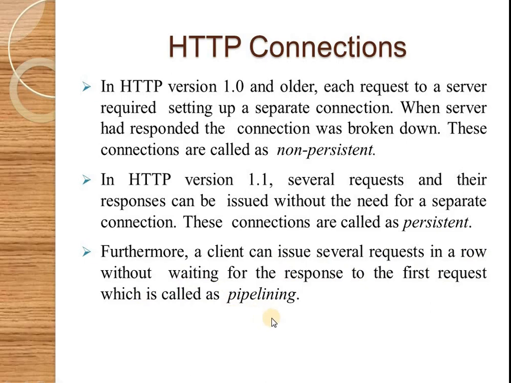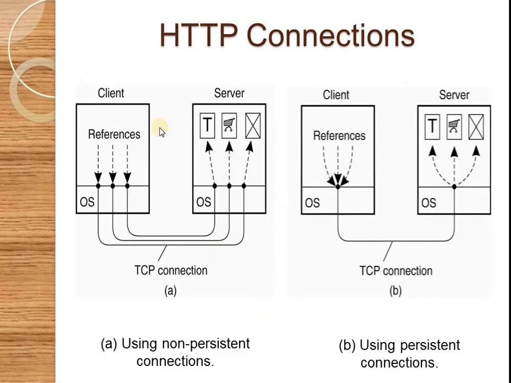The figure shows both the non-persistent connection and the persistent connection. You can see in the diagram, first, in a non-persistent connection, the client creates a separate connection for sending the requested document, and in the second, the persistent connection, all the references are combined as one request and sent to the server.